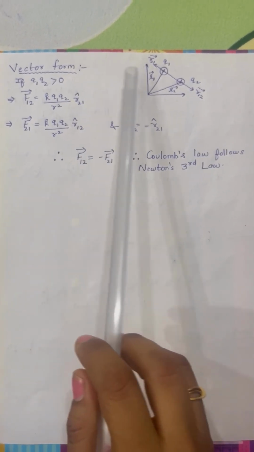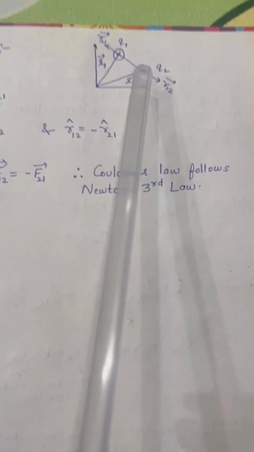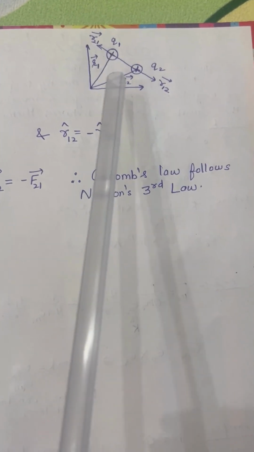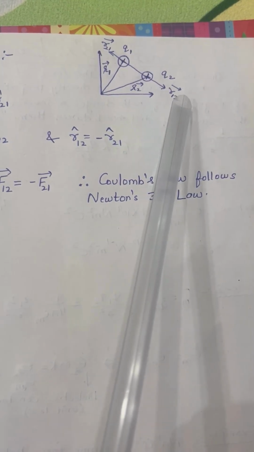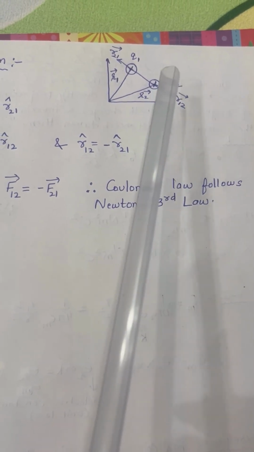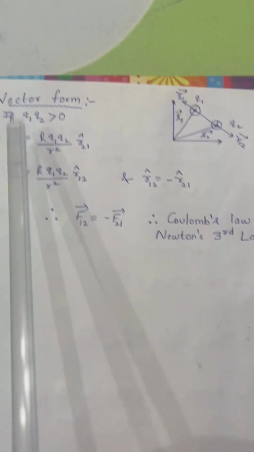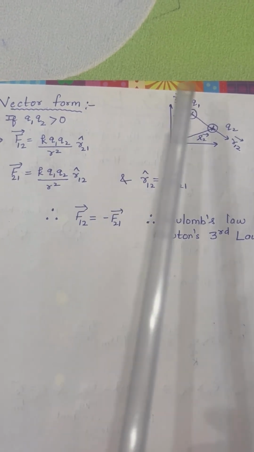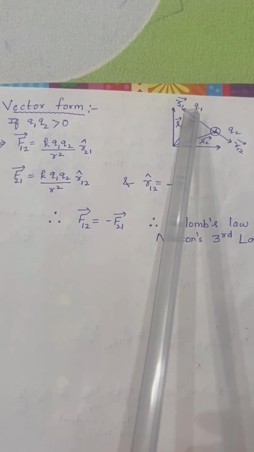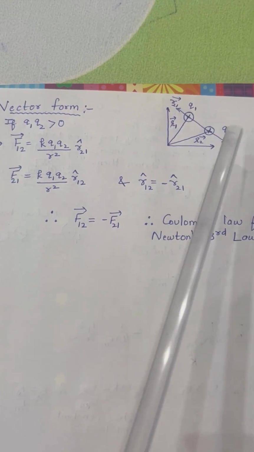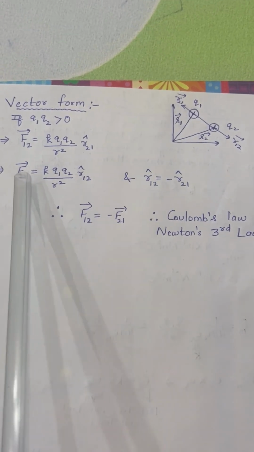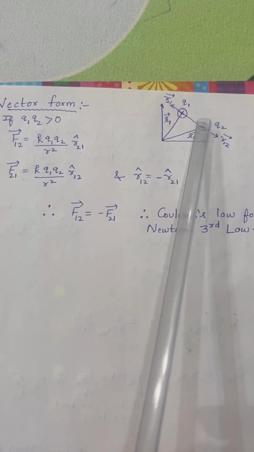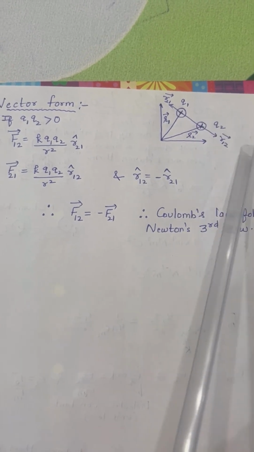Now there is a vector form of the Coulomb's law, where there are two position vectors r1 and r2 for charges q1 and q2. Both the charges are positive here, so the force on q1 due to q2 is F12, and the direction of this force is from 2 to 1 outward, and on q2, that is F21, the direction will be from 1 to 2, R12 cap.